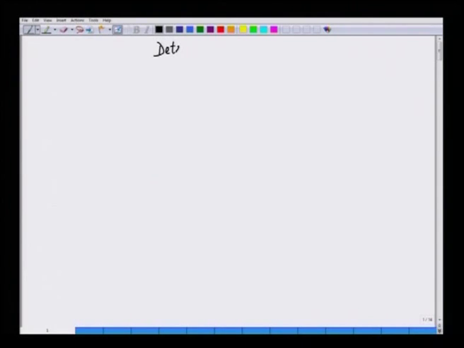So, we will be discussing the determination of motor rating.